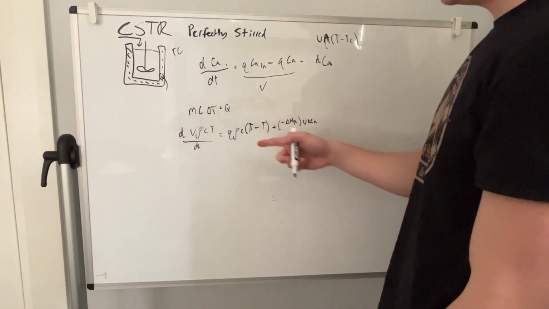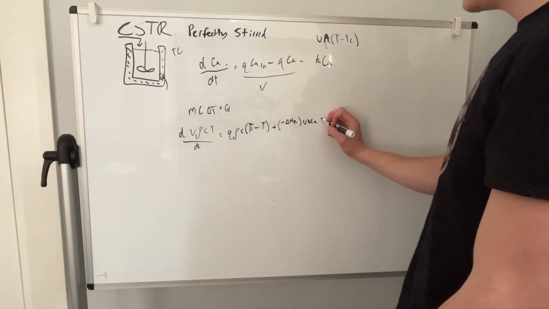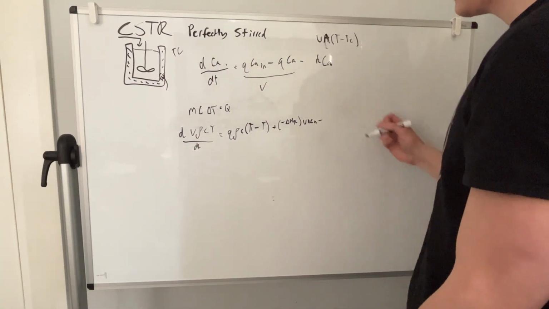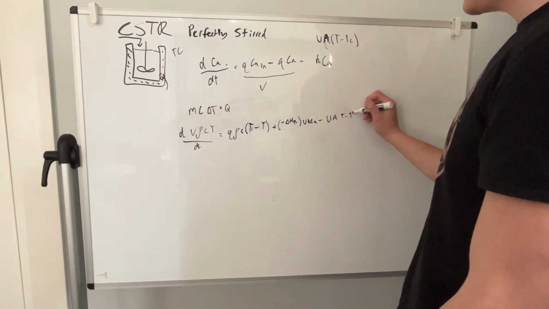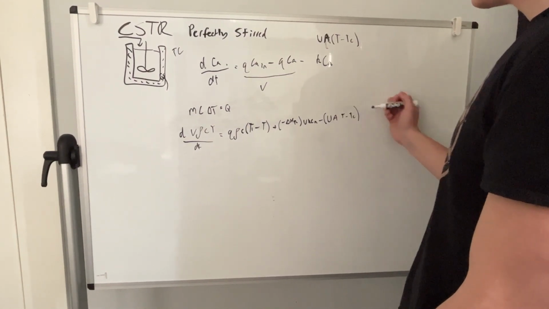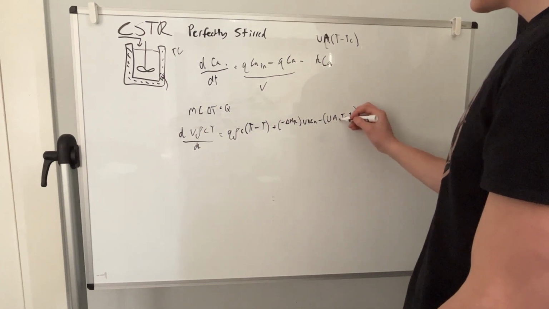So that will also be needed to account for when we try to calculate the change in temperature. So minus UA times T minus TC.